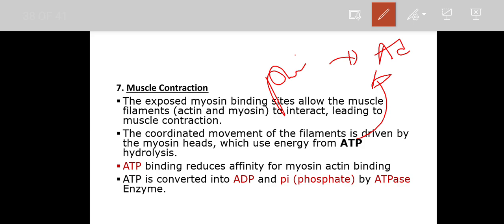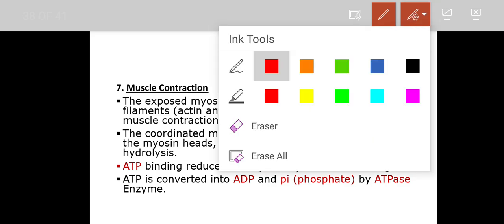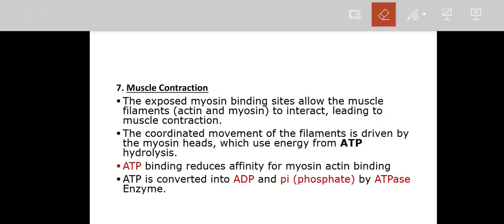After this, what happens? So now let's get this. ATP binding reduces affinity for myosin actin binding. ATP is converted into ADP and a phosphate by what we call ATPase enzyme. ATPase enzyme. Okay?